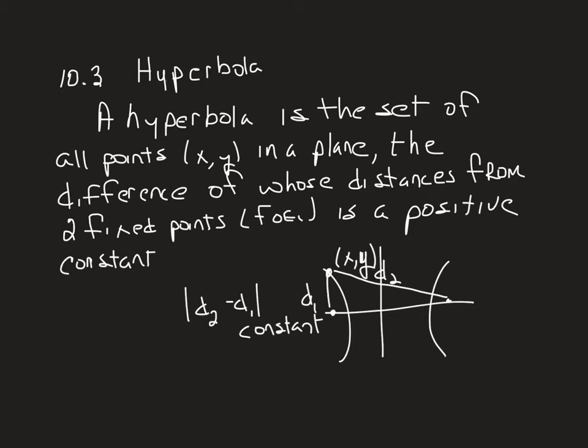Now, we want to first look at the equation of a hyperbola whose center is at the origin. A hyperbola has vertices, it has foci. Let me get a better graph of a hyperbola. Here are our axes, and we're going to start with our center at the origin.